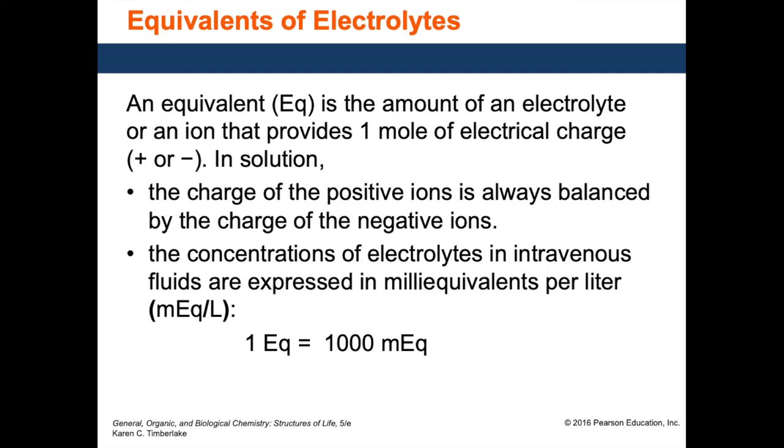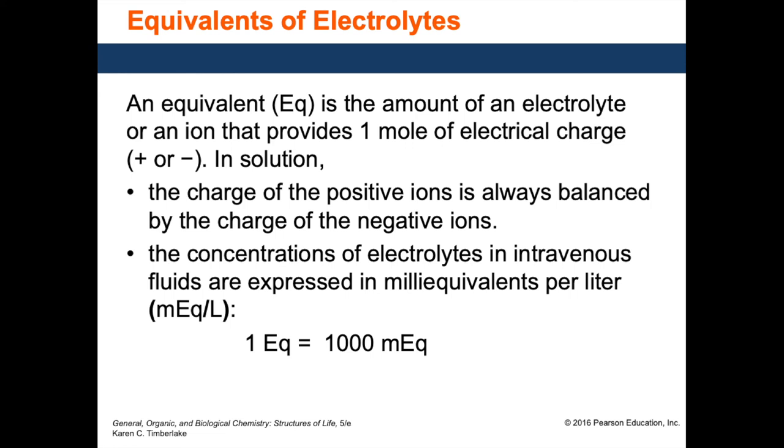Now, this can sometimes get a little confusing when you're thinking about making these solutions. So that's why we think in terms of equivalents. An equivalent refers to the amount of charges, not the amount of ions in your solution. Okay, so one equivalent is effectively 1 mole of electrical charges.